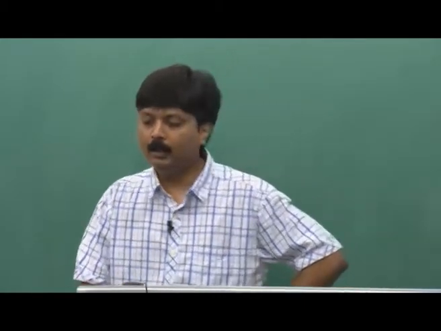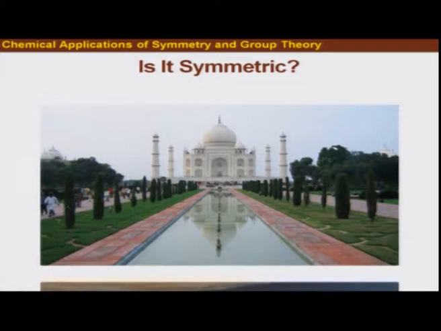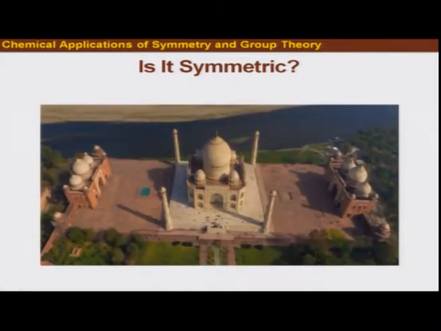Now here comes one of the 7 wonders of the world, the great Taj Mahal. Looking at this phenomenal architecture, you can at first say it's very, very symmetric, and your observation is very true, particularly when you look from a top view, an aerial view of Taj Mahal. You can see how nicely this architecture was built.